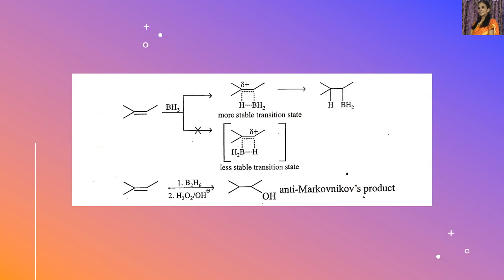So the alkene undergoes addition with B2H6 to form alkyl borane, which upon oxidation with H2O2 in presence of a base forms an alcohol. So this is about the anti-Markovnikov addition of diborane or borane to an alkene.